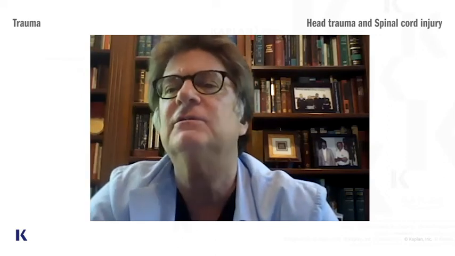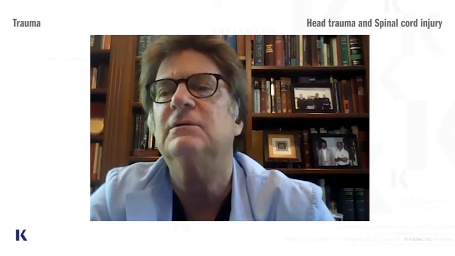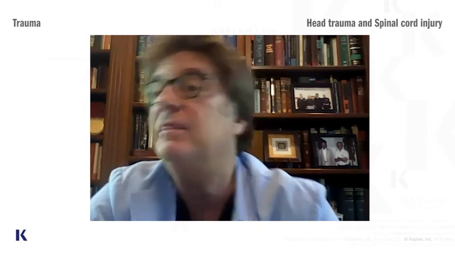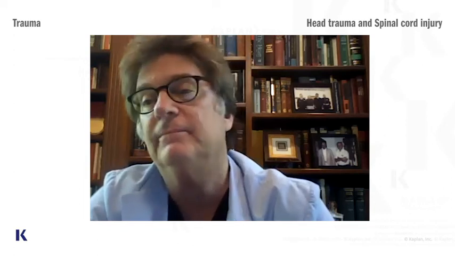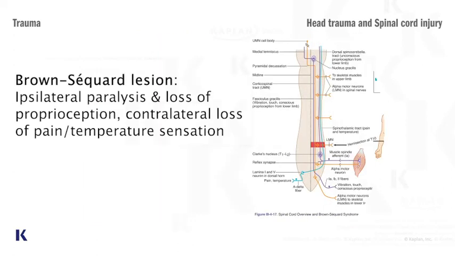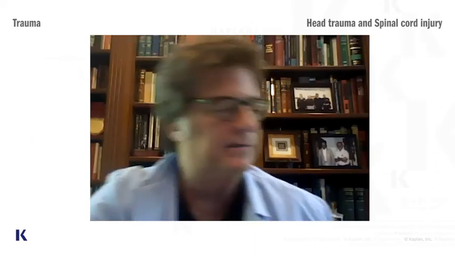Ipsilateral loss of paralysis and proprioception, contralateral loss of pain and temperature. That is called a Brown Sequard. A Brown Sequard. That's all you got to know for the test and life. Brown Sequard. Okay? Second injury.